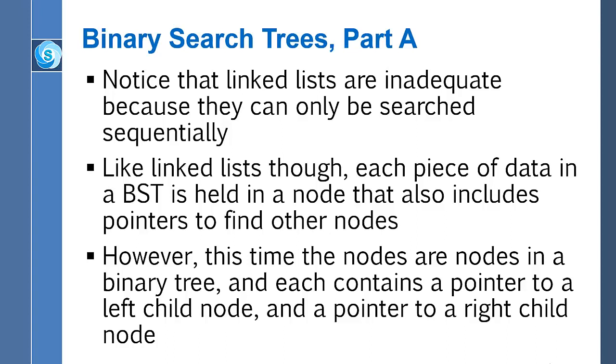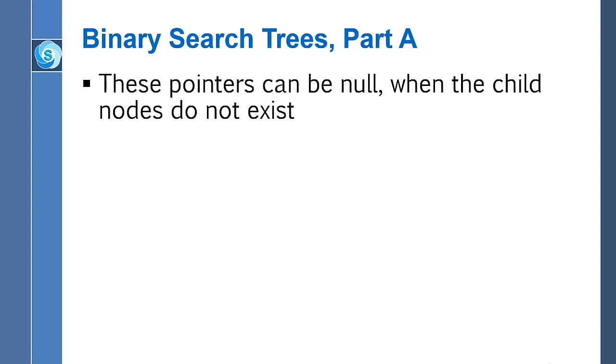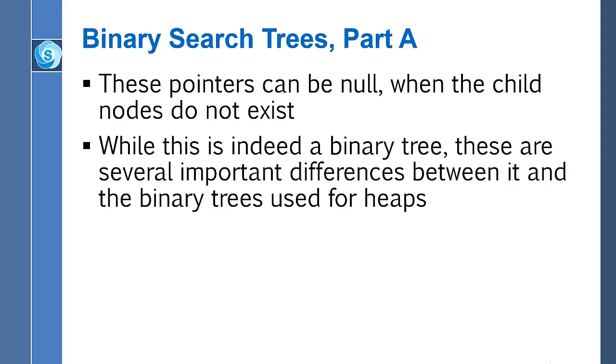So the nodes that we're going to build here are going to contain two pointers, a left child pointer and a right child pointer. Okay? Naturally, if either of these pointers is null, then it's understood that that pointer is not pointing to a child, so that node doesn't have that type of child, right? If a node has a null right child pointer, then that means that it does not have a right child.